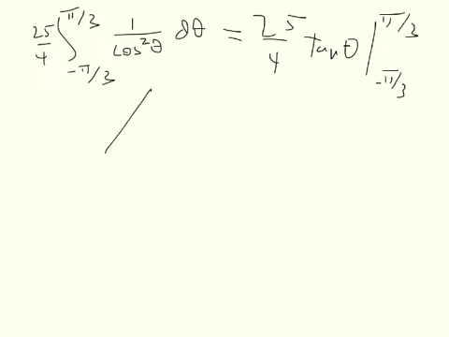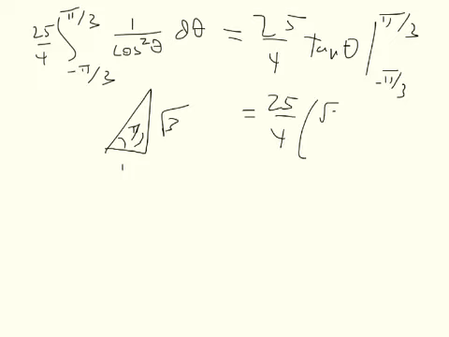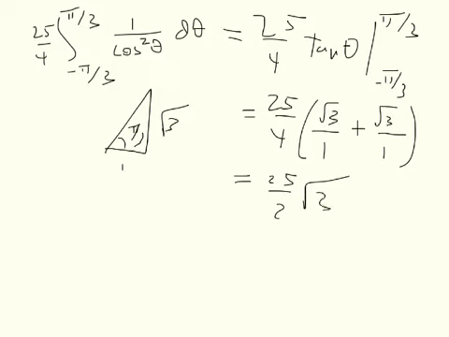That's the pi over 3 triangle, so this tangent is root 3 over 1. That equals 25 over 4 times root 3 minus negative root 3, which is 25 over 2 times the square root of 3.